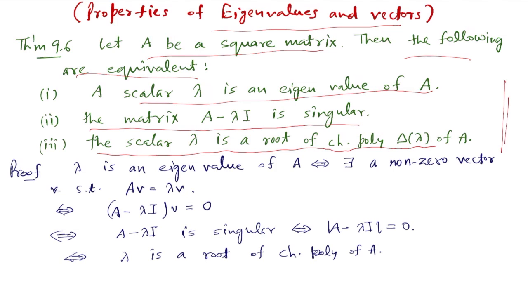Now lambda is an eigenvalue of A if and only if there exists a non-zero vector V such that AV is equal to lambda V. This we can write down as (A minus lambda I)V equal to 0.